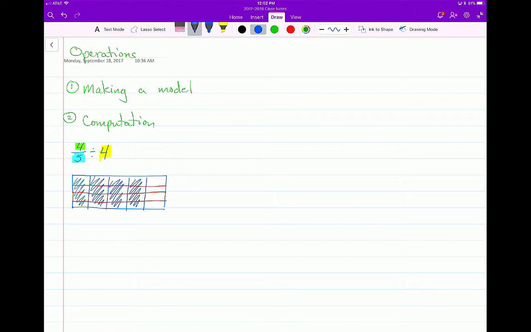So now we look at the mathematical computation that needs to go in order to solve this. In order to divide fractions, we need to take the reciprocal of the second fraction.